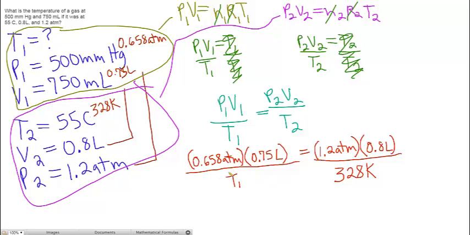How do I solve for my T1? My first goal is to get it on the top in the numerator. Doesn't matter the side of the equation. So what I'm going to do is multiply both sides by T1.